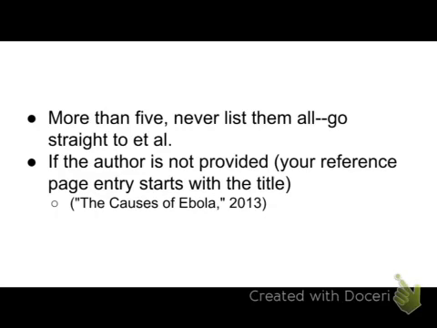The key here is that whatever is the first thing in your reference page entry needs to be what is included in your internal citation, because I have to be able to find that information quickly. I have to be able to just look down the left margin of your page and know, oh, causes of Ebola.